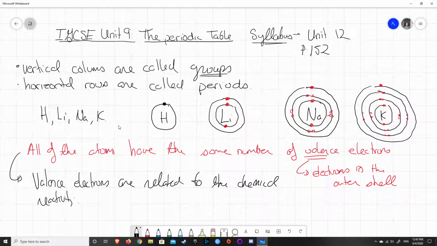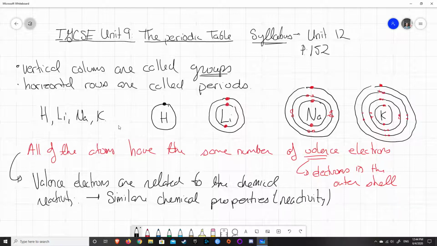So since they have the same amount of valence electrons, what we need to know is they have similar chemical properties, so similar reactivity. And we're going to study these a little bit more in depth. The next part of this unit is just studying group 1 elements.